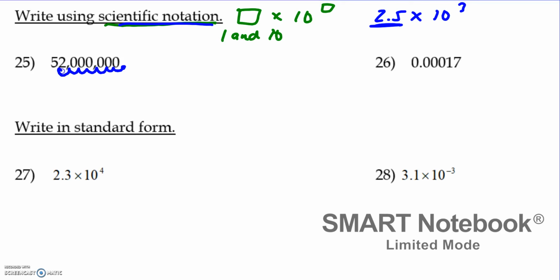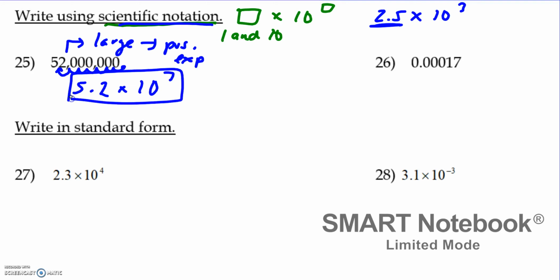But if I move it one more over, 7 positions, then this number becomes 5.2 times 10 to the something. And that something is how many times I moved the decimal place. Because this number is large, we're going to have a positive exponent. So my answer will be 5.2 times 10 to the positive 7th power.